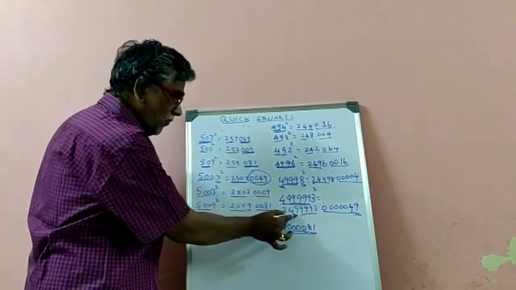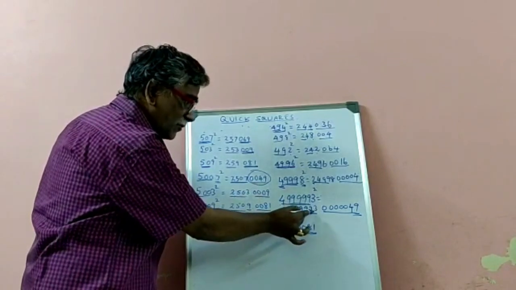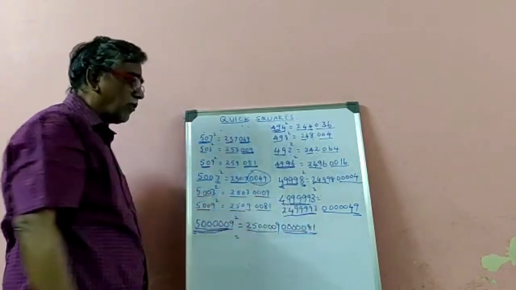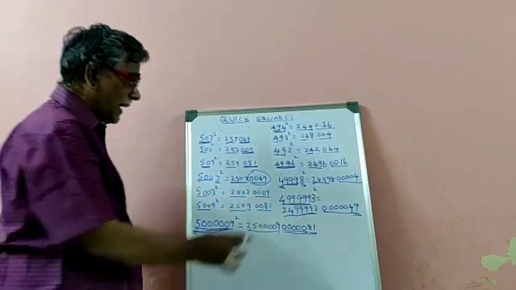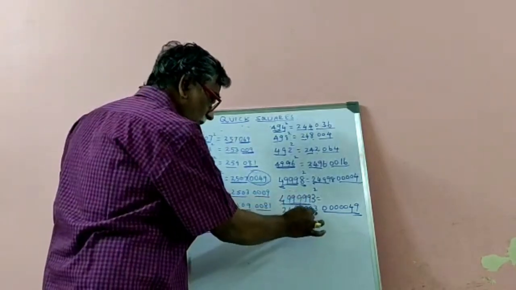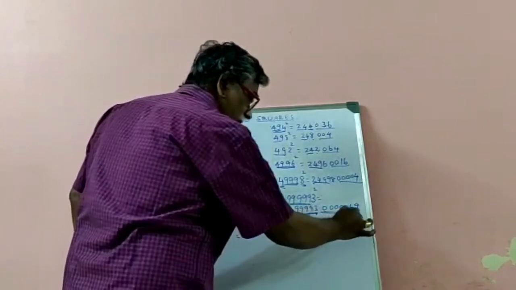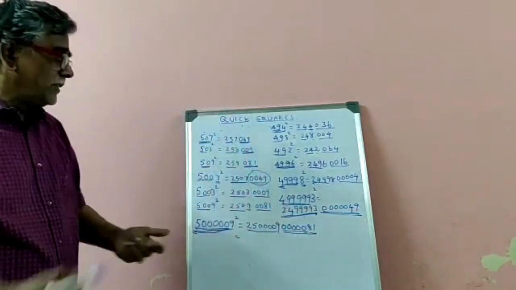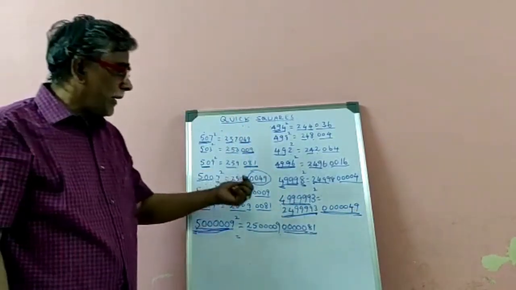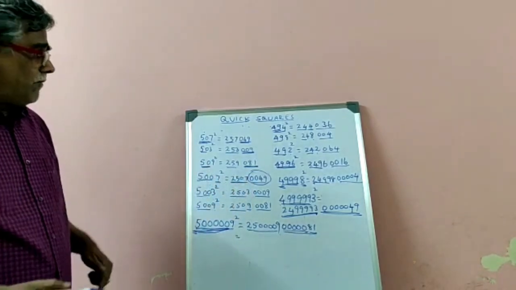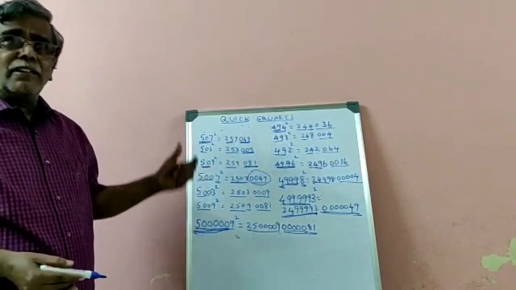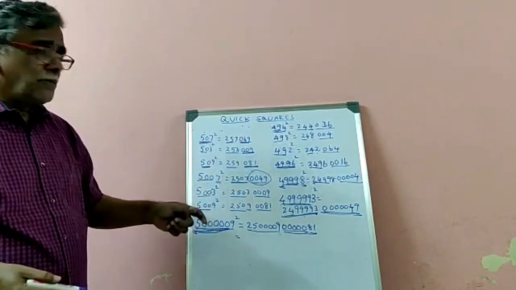This one is 24,999 and then also 49. 24,999 and 49 is nothing but half of this one, only the quotient, and then write 3 as it is. So this one is the first part, and this is the second part. Combining these two, we get the square of 49,99,903.